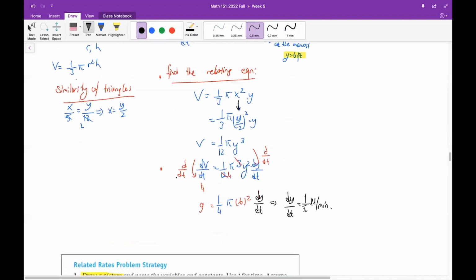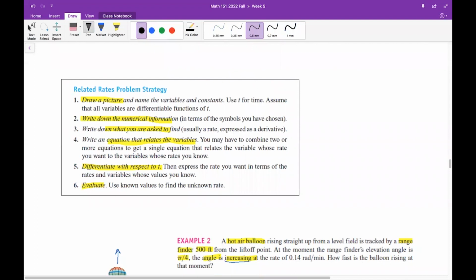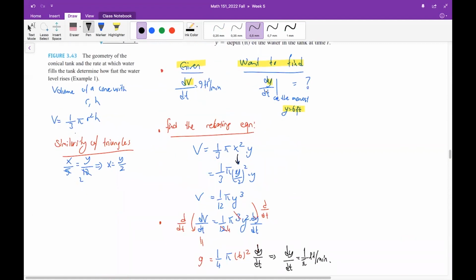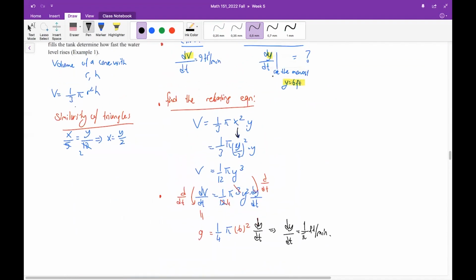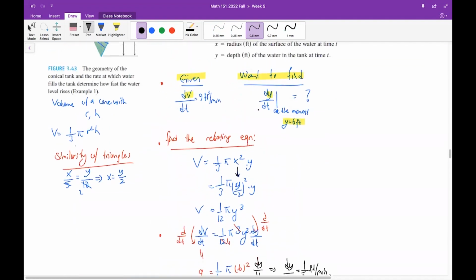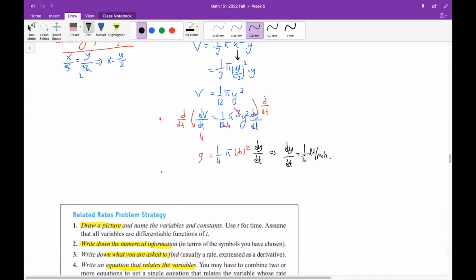In fact, we divided into 3 steps, but this is a more detailed box. What we did to solve the previous question: we drew a picture and then we wrote down the numerical information, this step. And then we wrote what we want to find, this part. Next, we create a relating equation.